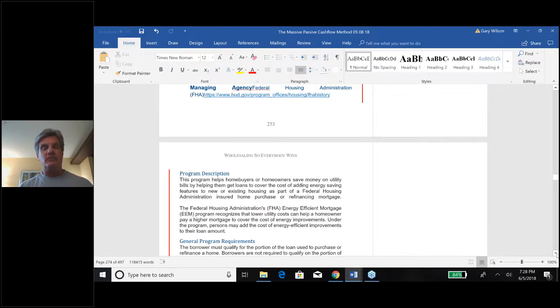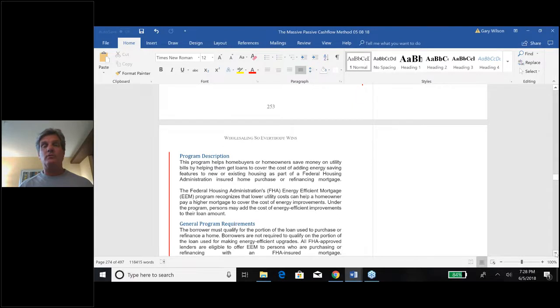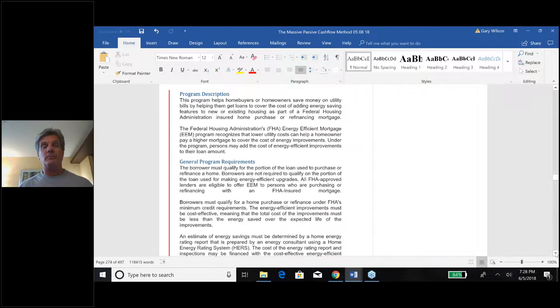Sometimes it's simply weatherizing your home, things like that. But what they're really looking for is energy efficiency. So you can get loans to build homes that are highly energy efficient, and also get loans to make improvements and do remodeling on those properties.